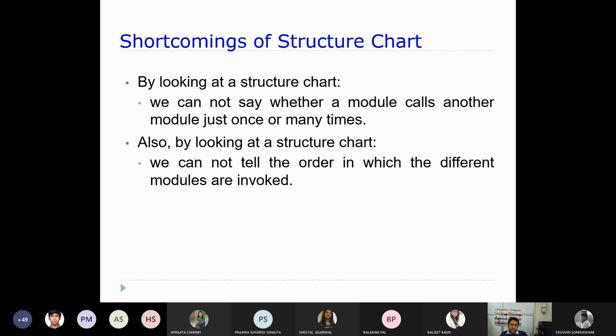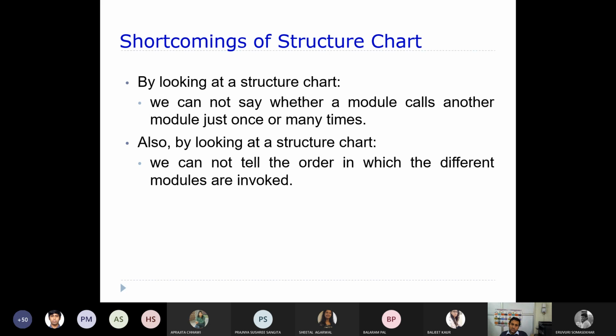Now, as part of your structure chart, as we already discussed, a module calls another module many times. That means repetition is allowed, but how many times it calls exactly is not presented through the structure chart.